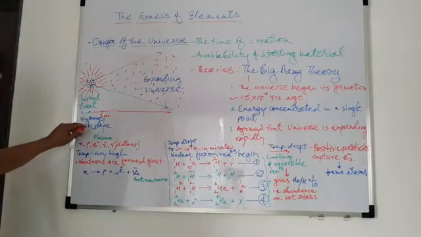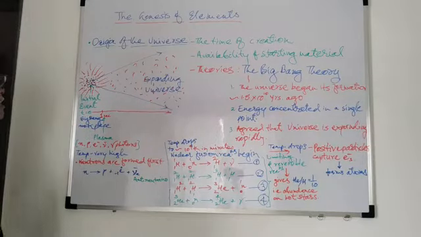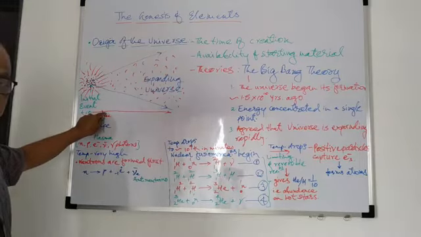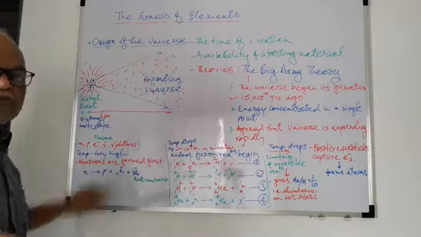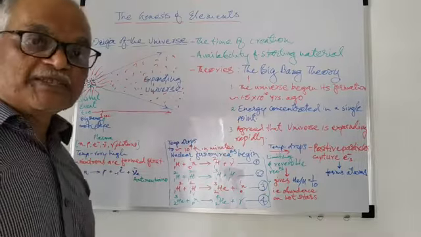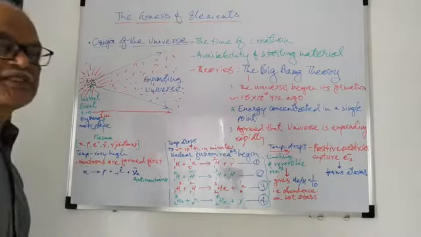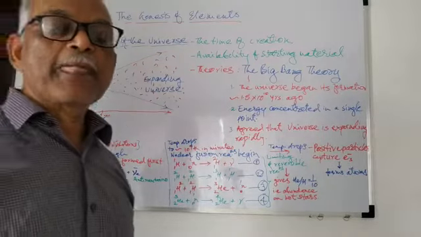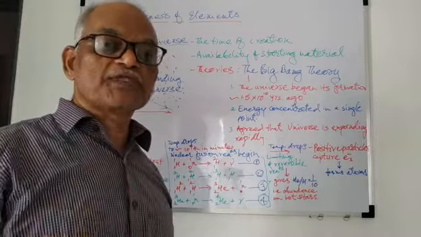First of all, we will see what changes take place after the explosion, within the first second of the Big Bang. The first change is that there is formation of neutrons in the universe first.